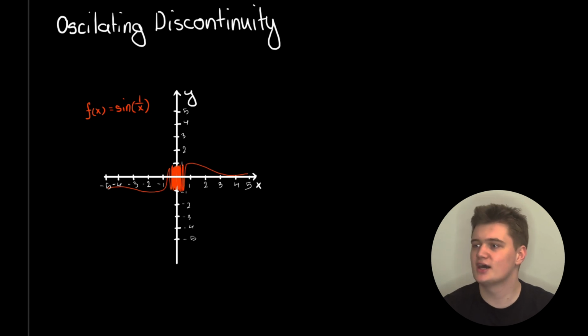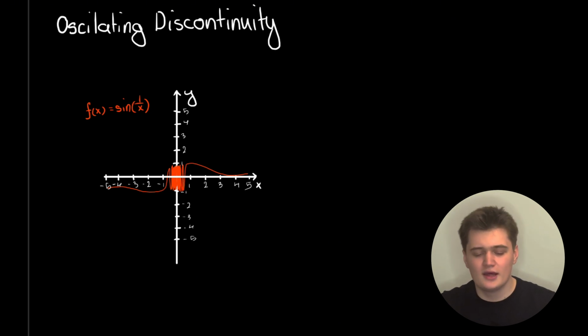And the last one is oscillating discontinuity. As we can see, we have a function of sine 1 over x. If you zoom it out and check it on Desmos or somewhere else, it looks just fine, but the more you zoom in, the messier it gets when this function approaches 0 from the left and right side.